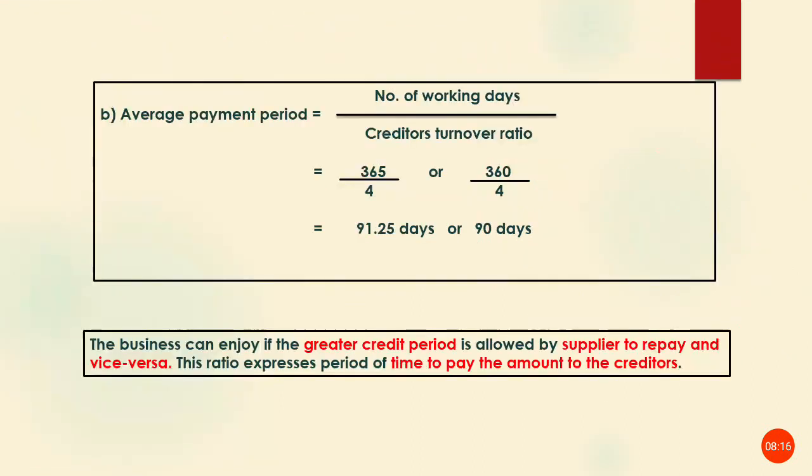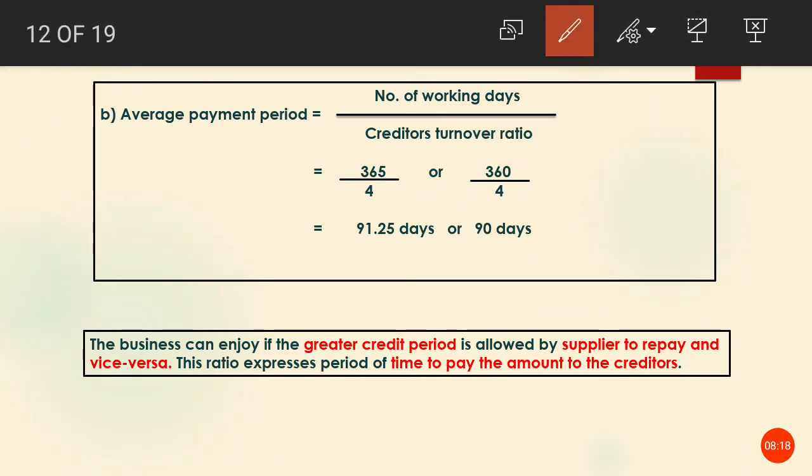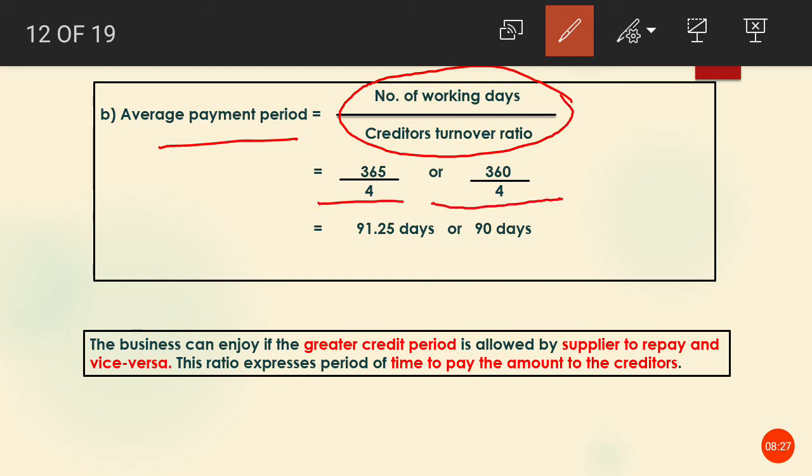B. Average payment period is equal to number of working days divided by creditors turnover ratio, is equal to 365 days divided by 4, or 360 days divided by 4. 365 days divided by 4 is equal to 91.25 days, or 90 days.